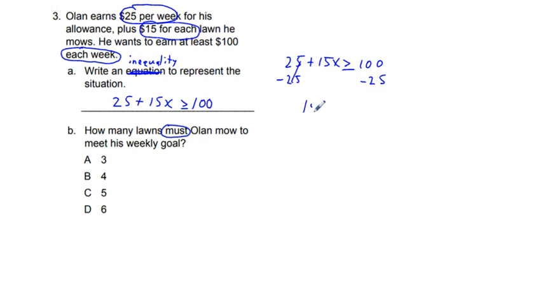We get 15x is greater than or equal to 75. If you divide by 15, you get x is greater than or equal to 5. So 5 lawns mowed. So that's that one.